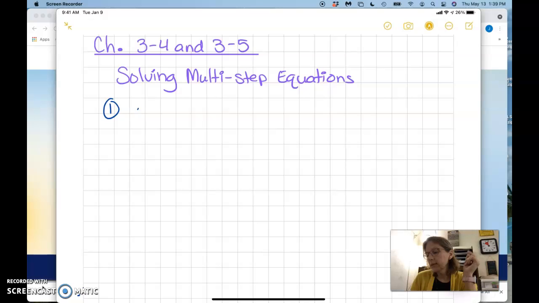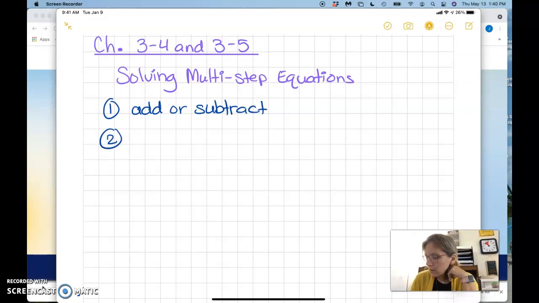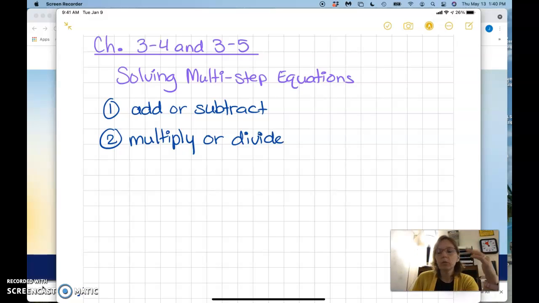Subtraction. Add and subtract. Good. So step 1 is going to be add or subtract. And then step 2 would be what? Multiply. Yes, multiply or divide. All right, so there are other things in PEMDAS also, but we don't use them, so we're going to just stick to these 2 for now.